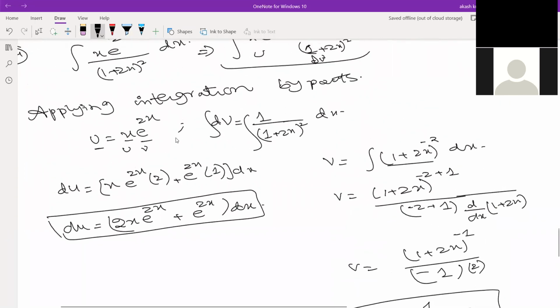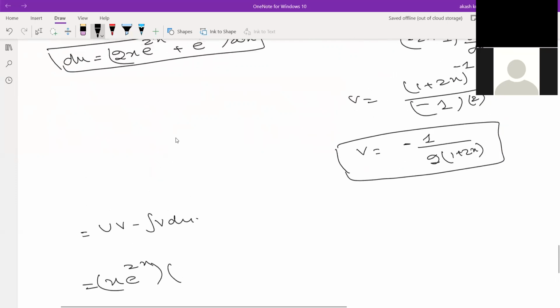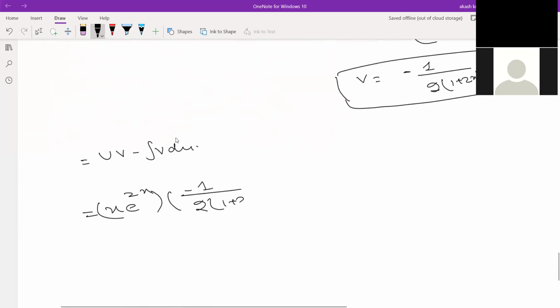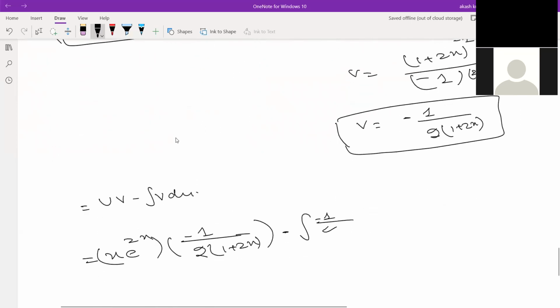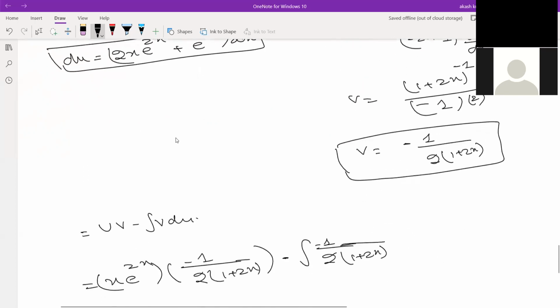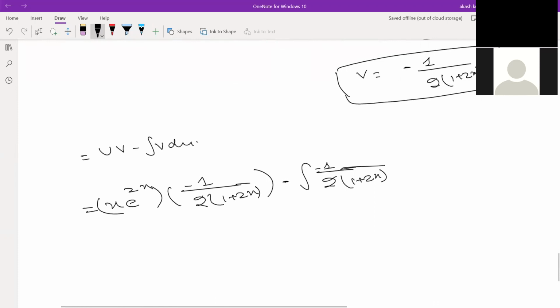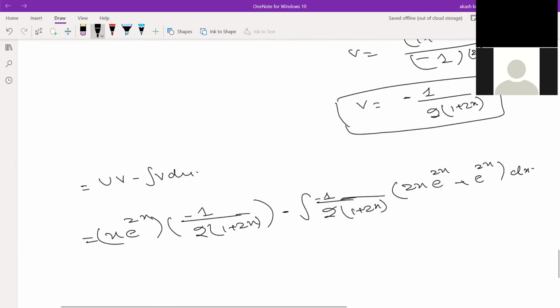U is x e to the 2x, and our v is minus half over 1 plus 2x, minus the integral of v, which is minus half over 1 plus 2x, and du, which is 2x e raised to the power 2x plus e to the 2x dx. Is it clear? Yes. Okay.